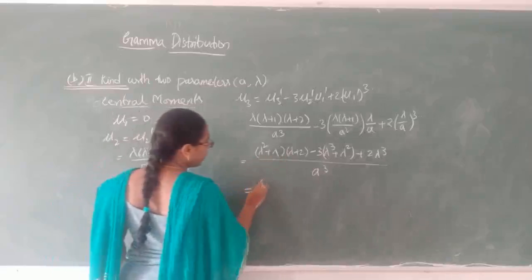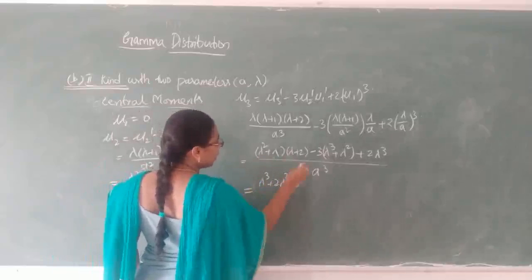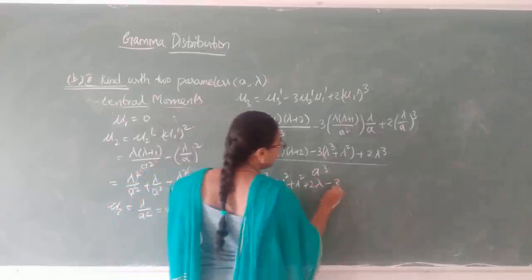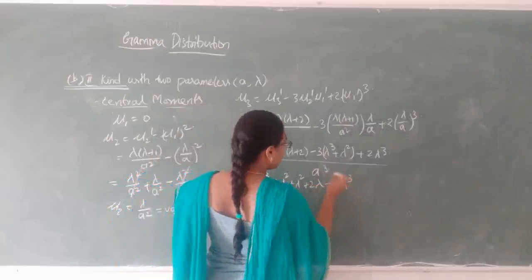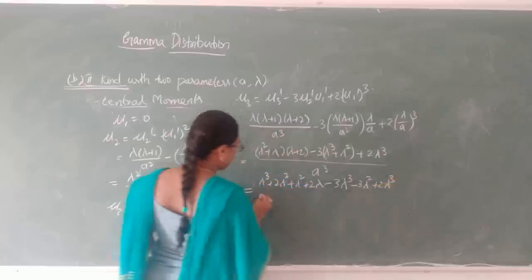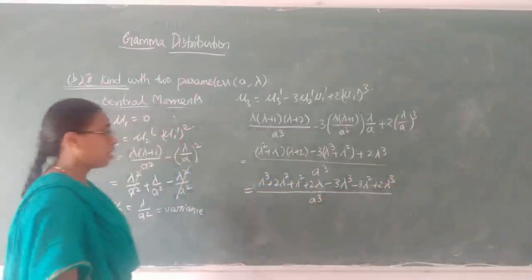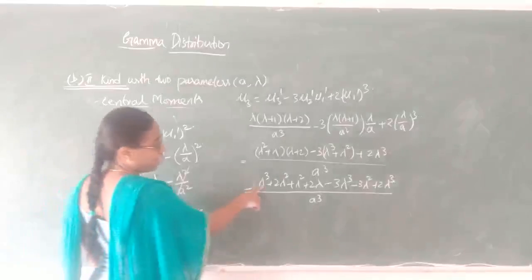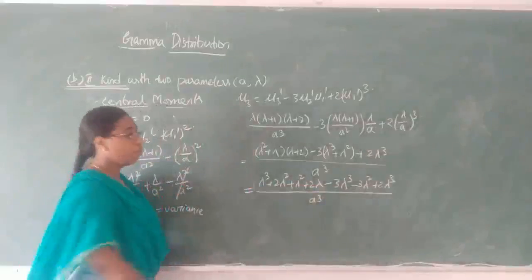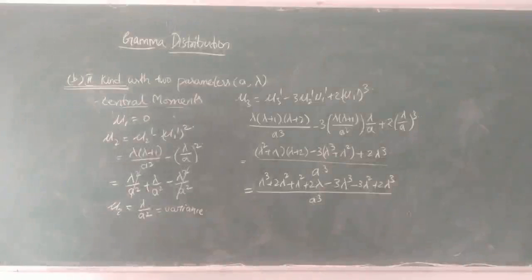Lambda cube plus 2 lambda square plus lambda square plus 2 lambda, minus 3 lambda cube minus 3 lambda square plus 2 lambda cube, divided by a cube. So now observe the lambda cube terms. Lambda cube plus 2 lambda cube is plus 3 lambda cube, minus 3 lambda cube. So this value will be cancelled.